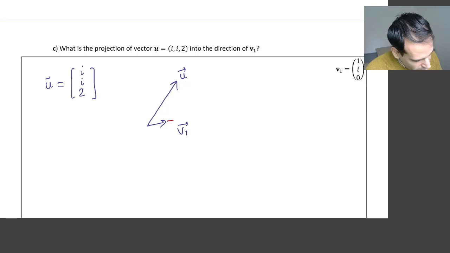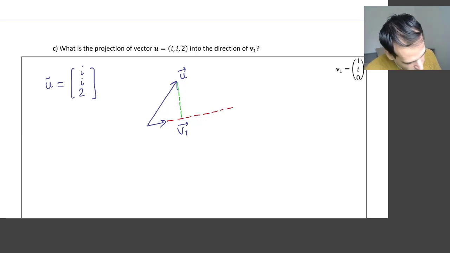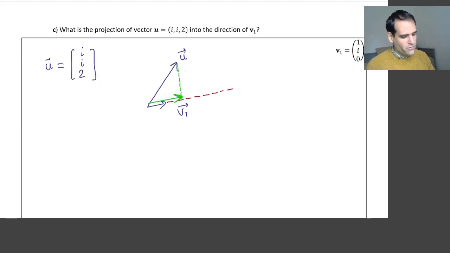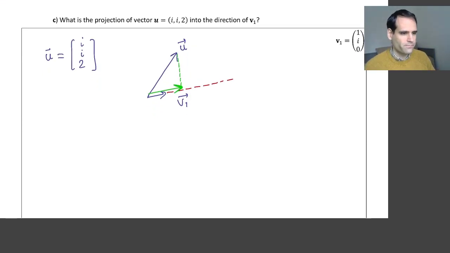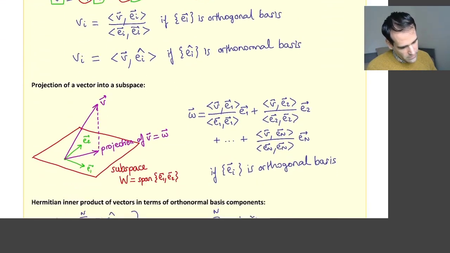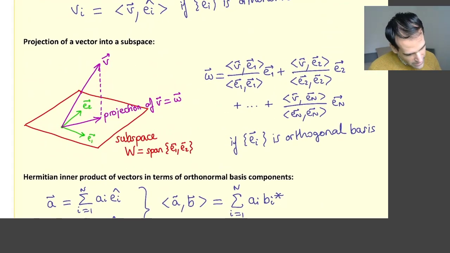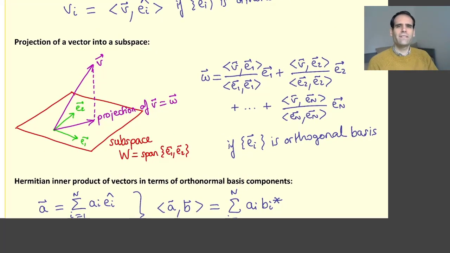So what we're being asked now is to find the projection of u into the direction of v1. So we are being asked to find this vector here. It's the projection of u in the direction of v1. Okay? Now, how did you find projections? If we scroll upwards, you remember we had a recipe for finding the projection of a vector into a subspace when the subspace is given by several vectors that are orthogonal.